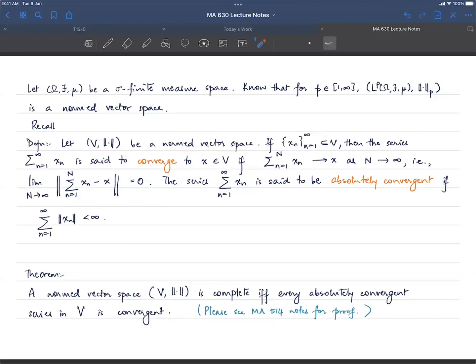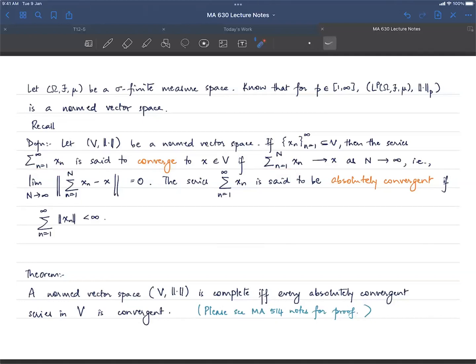And let's say I look at this infinite series, sum of x_n, n going from 1 to infinity. I will say that this infinite series converges to some element x in V if the sequence of partial sums converges to x.